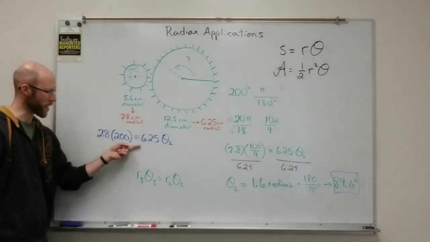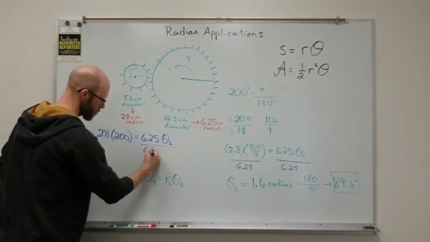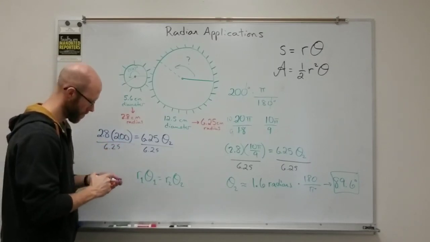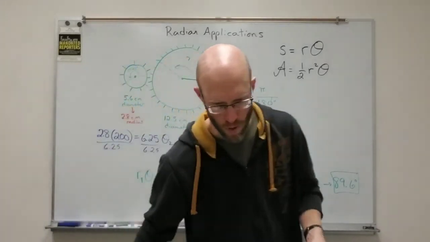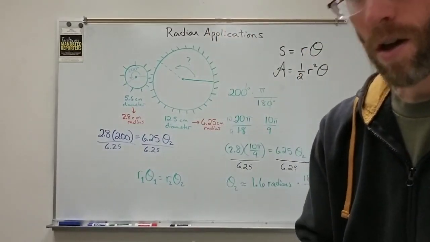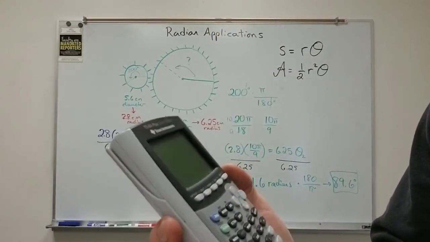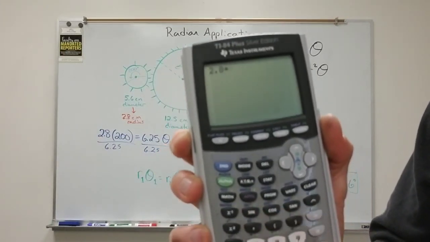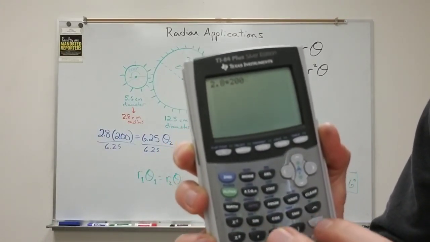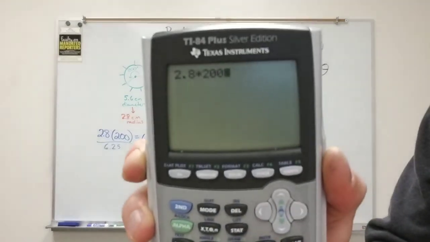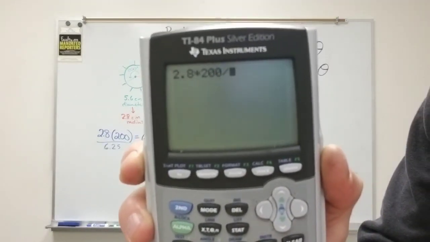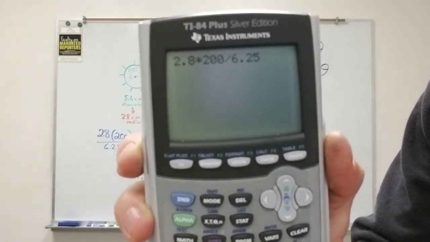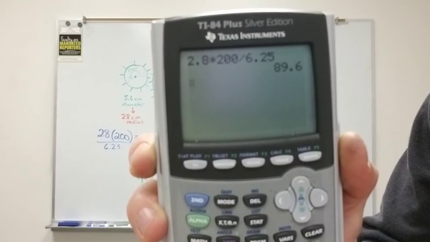If you just go and type this, well, of course you divide by the 6.25. But if I just type that directly into the calculator, 2.8 times 200, and then divide that by 6.25, I get 89.6.